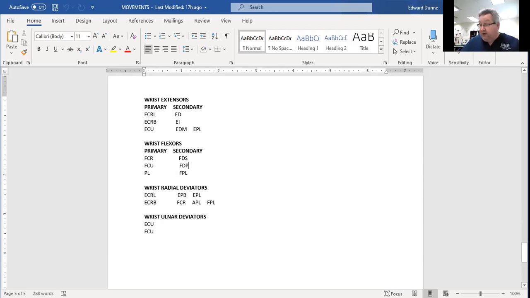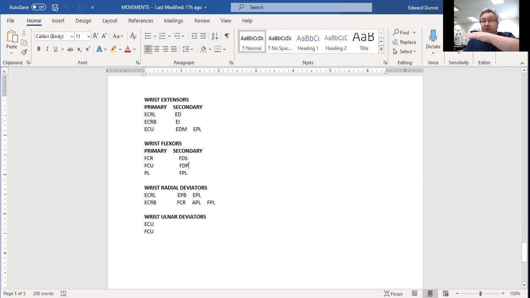Go down to the wrist, the last part. So at the wrist, we have wrist flexion, we have wrist extension, we have wrist radial and ulnar deviation. With the flexors and extensors and the radial deviators, I'm going to want you to know the primary movers of these motions.